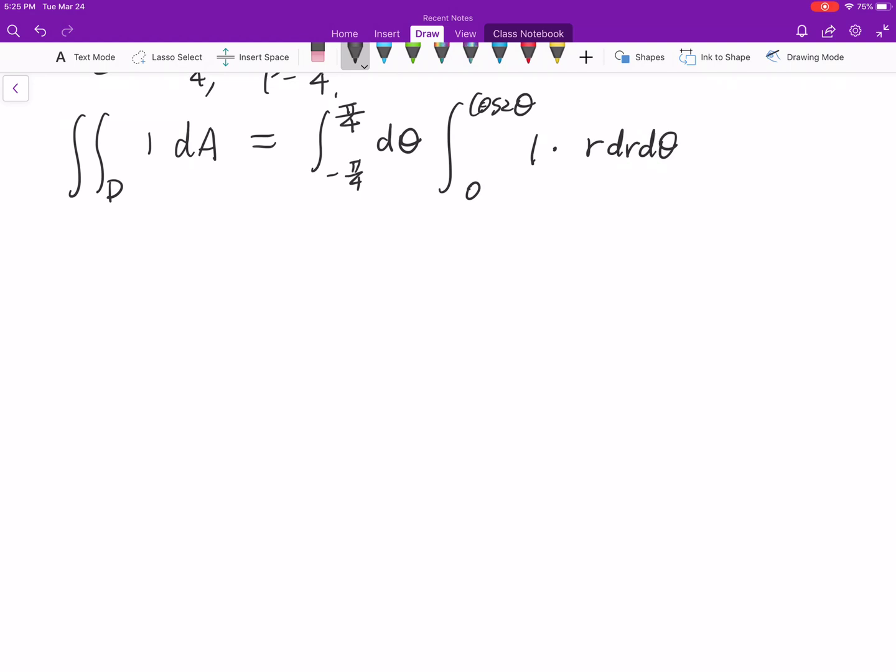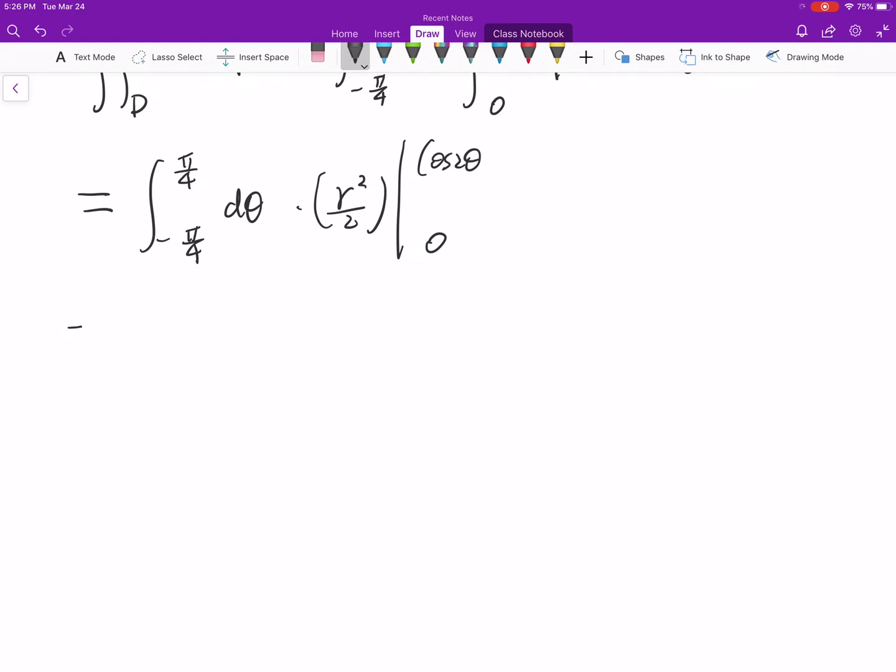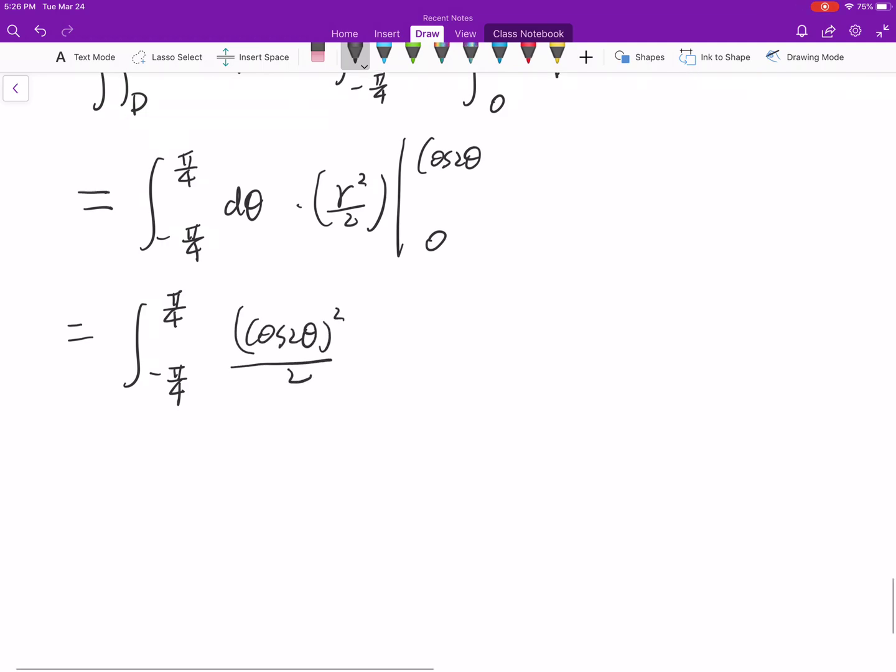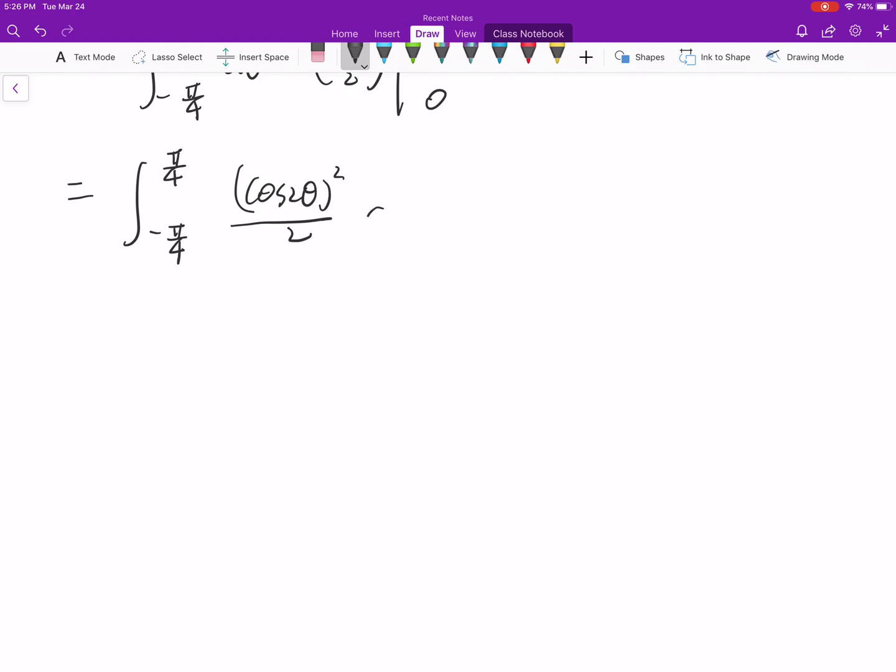Now let's do the calculation. We first do the r integral. So it's r squared over 2 from 0 to cosine 2 theta, with theta from negative pi over 4 to pi over 4. So cosine 2 theta squared over 2 d theta.